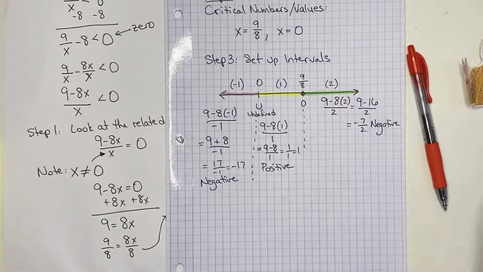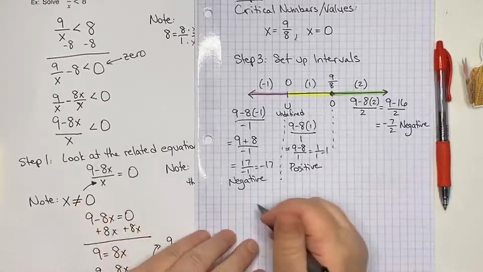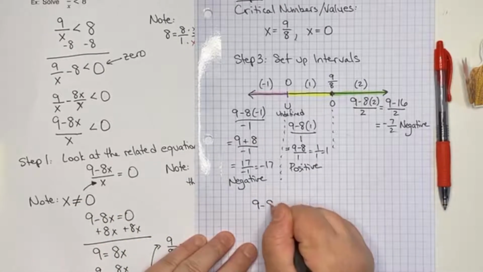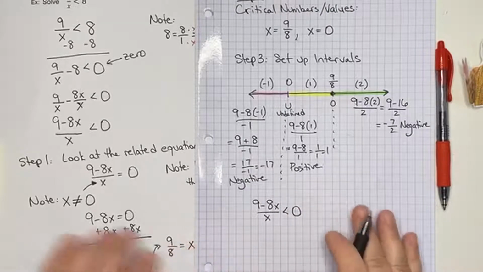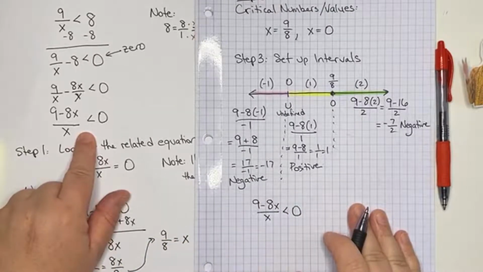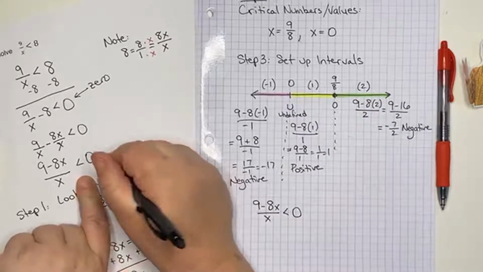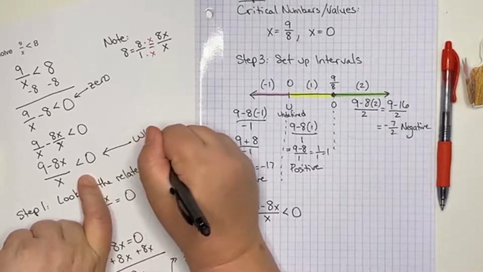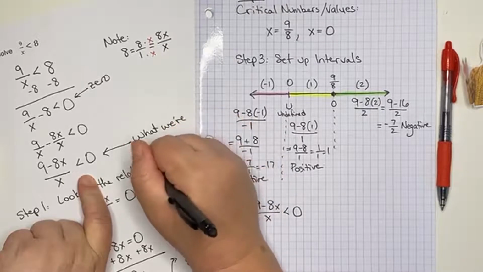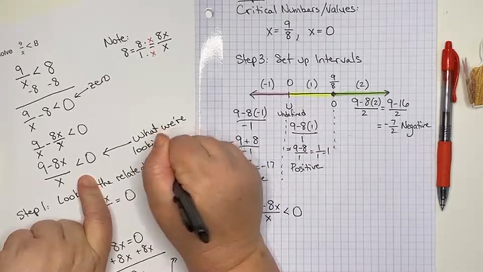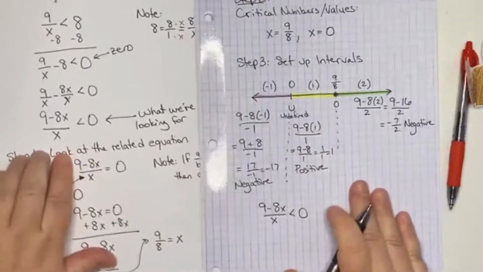So let's look at the original problem. We had 9 minus 8x all over x is less than 0. So this is what we want. Okay, those are the points we're looking for.